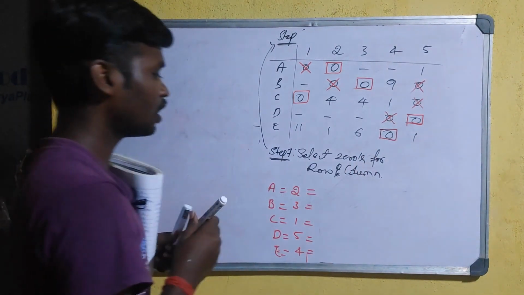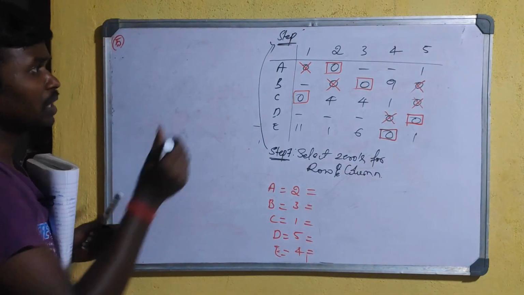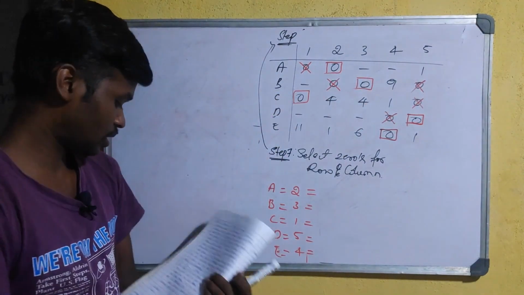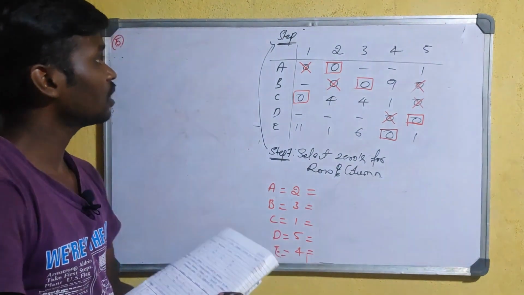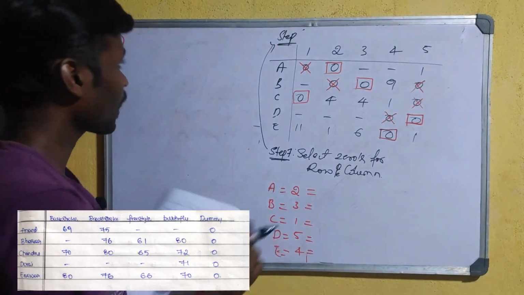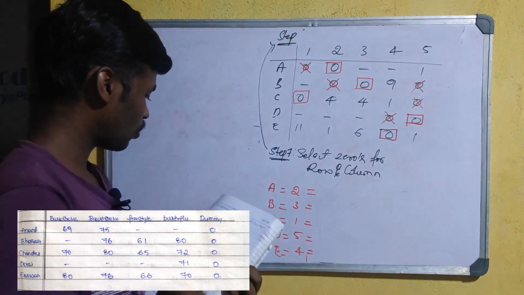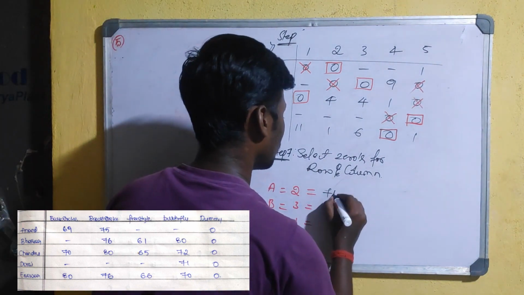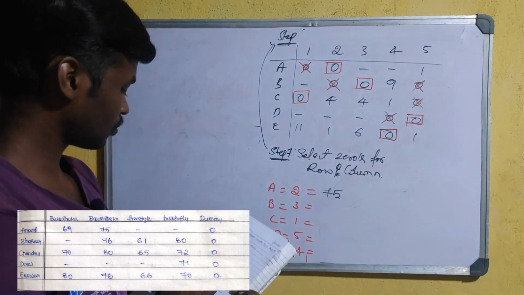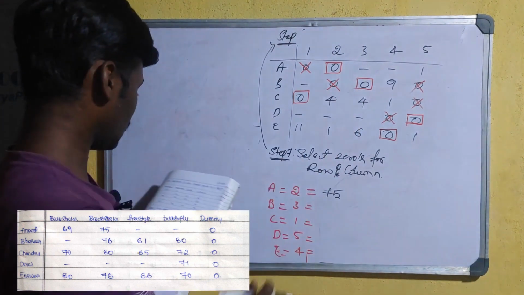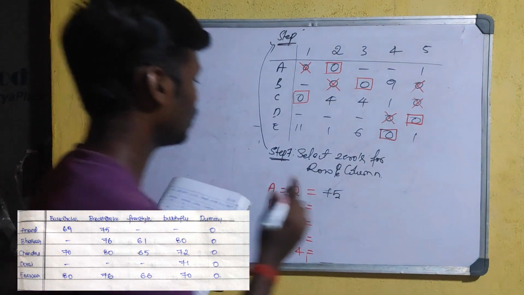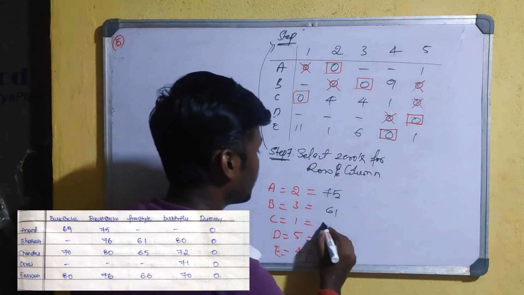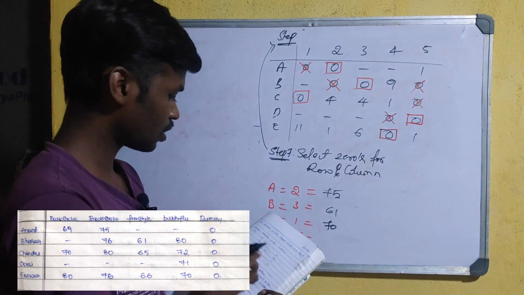Now see the minutes or seconds at the particular places of the selected zeros. See the values. In this place, how many seconds are there? That is 75 seconds. Next, in this place, 61 seconds. Next, in this place, 70 seconds.